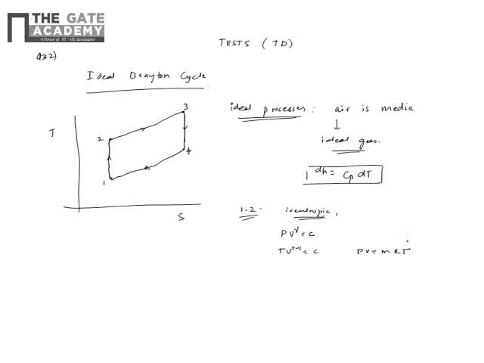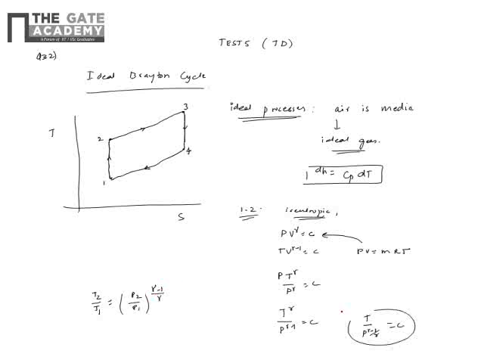If we apply these, what I get is that T^gamma by P^(gamma-1) is constant. Bringing that to one side, T by P^((gamma-1)/gamma) is constant. So I can write T2 by T1 equals (P2 by P1) to the power (gamma-1)/gamma.